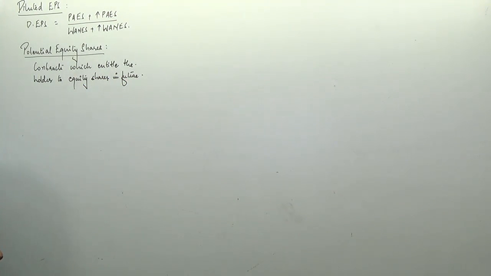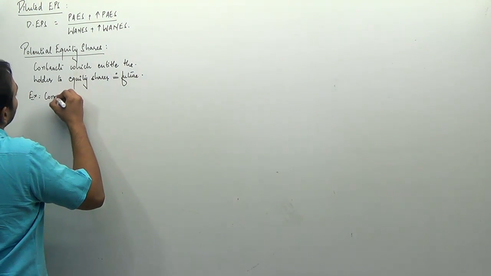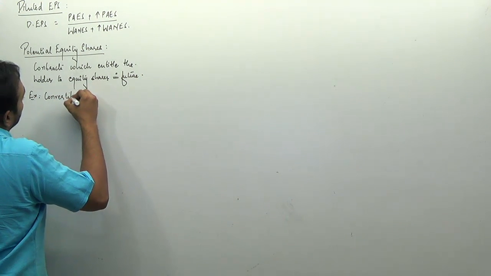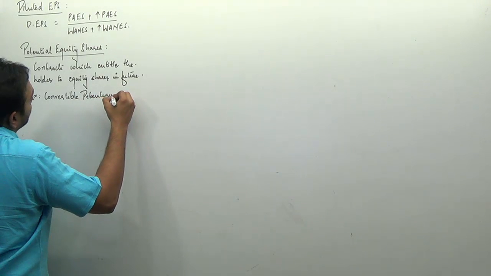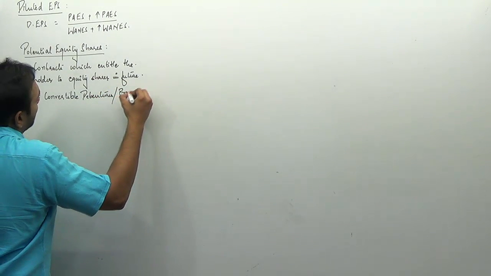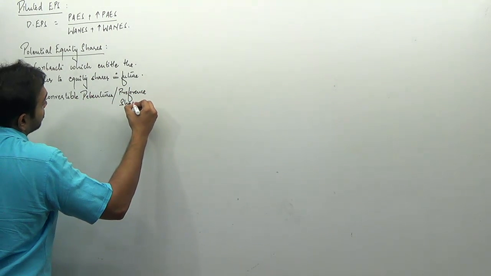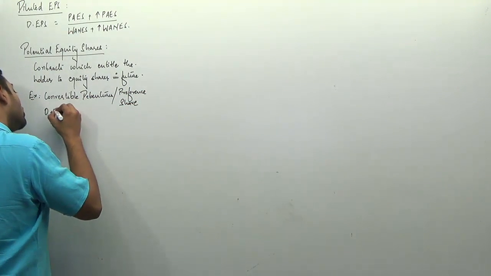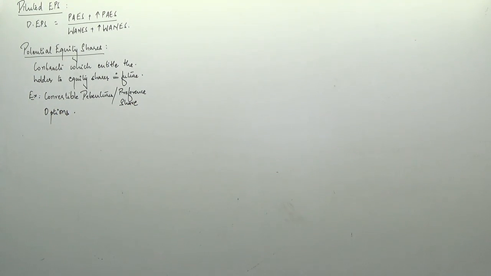Today they are not equity shares, but they have an entitlement, they have a right to get converted into equity shares in future. Examples are convertible debentures, or even your convertible preference shares, options issued by the company. All these are basically my potential equity shares.